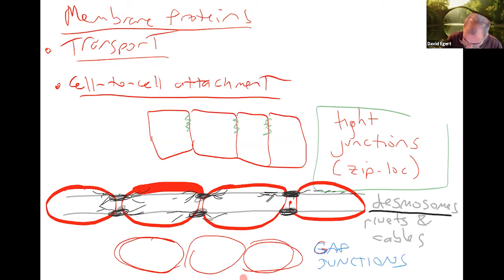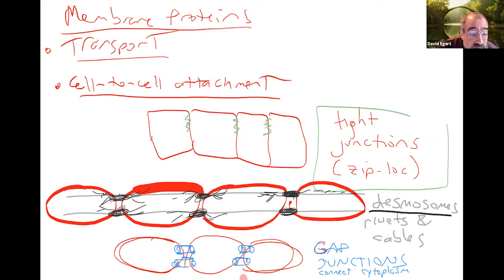Gap junctions connect the cytoplasm. They call them connexons. So one cell is just continuous at some level with the other cell in terms of cytoplasm. Things can drift from one cell to another.